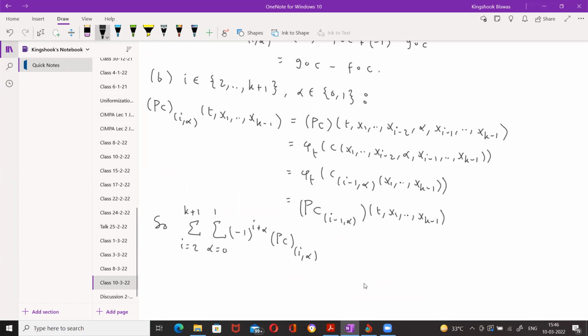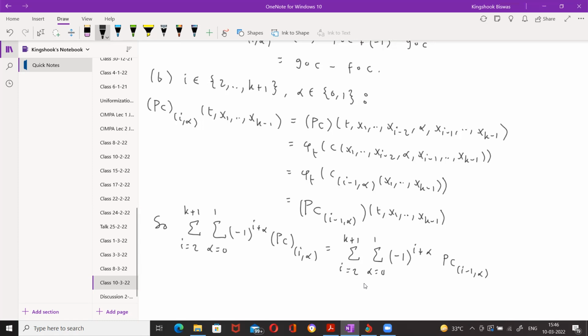This is the sum i goes from 2 to k plus 1, alpha goes from 0 to 1, minus 1 to the i plus alpha, P of C i minus 1 alpha. Right?